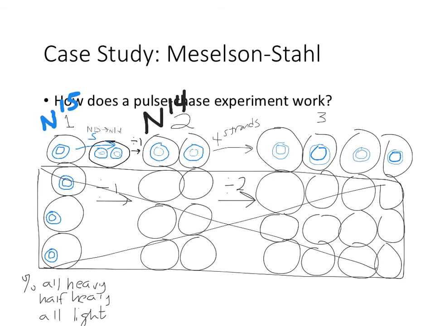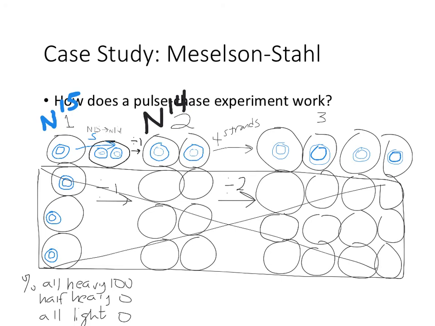So column 1 over here. All of the cells in that generation are all heavy. First generation's all heavy. So we've got 100% in the first generation and 0 that have one thick strand and one thin strand, and 0 that have both thin strands or all light.